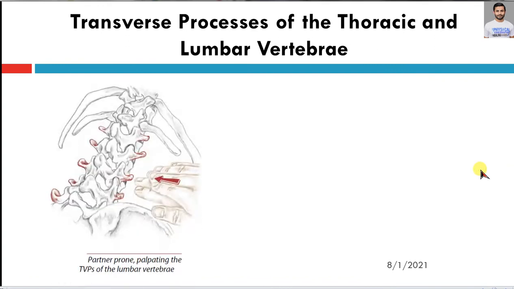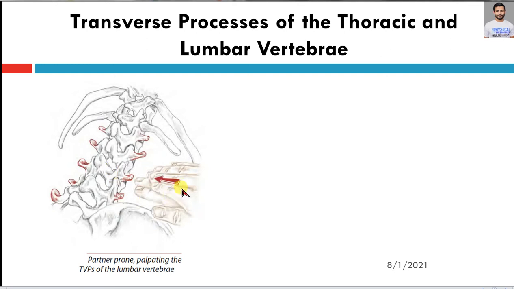The lumbar vertebrae are the largest vertebrae, hence they have the largest transverse processes, but they are also covered with a lot of muscular tissue. Still, you can approach the transverse processes of the lumbar vertebrae from the posterior side if your partner is lying in prone position, on their stomach.